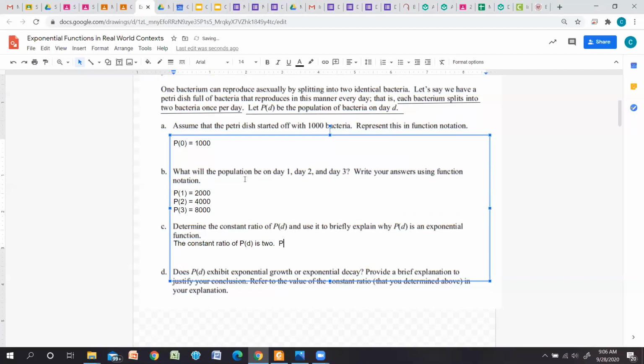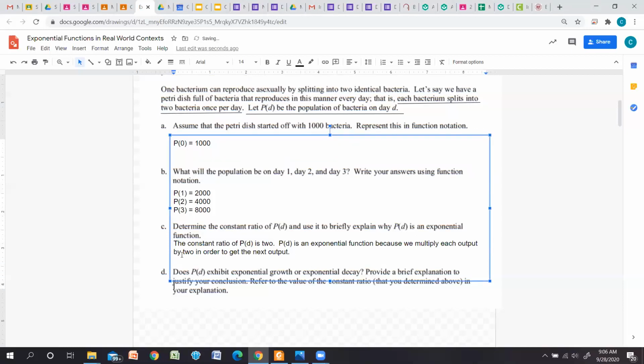And then we can say P of D is an exponential function because we multiply each output by 2 in order to get the next output. Right? The definition of what makes it exponential is that we multiply by our constant ratio, which is 2.